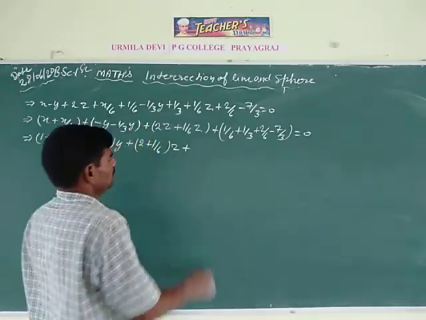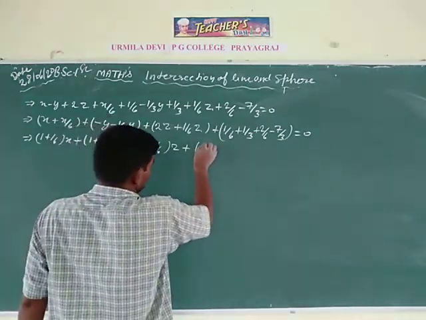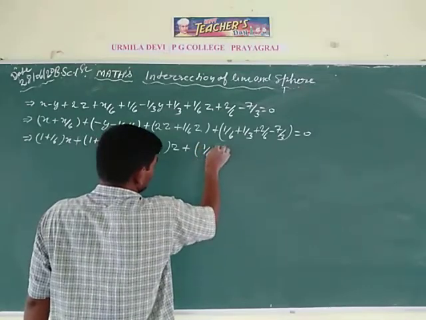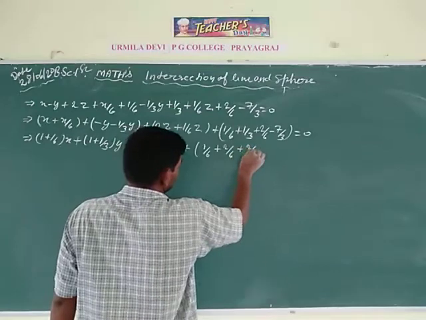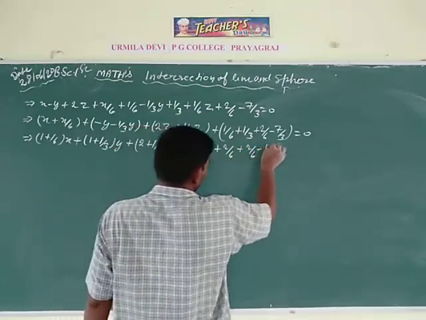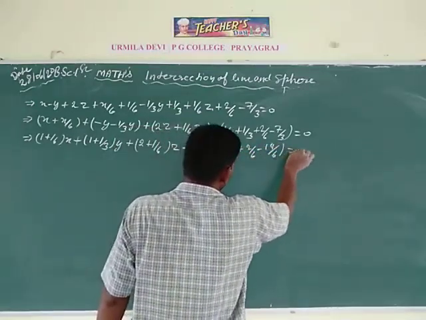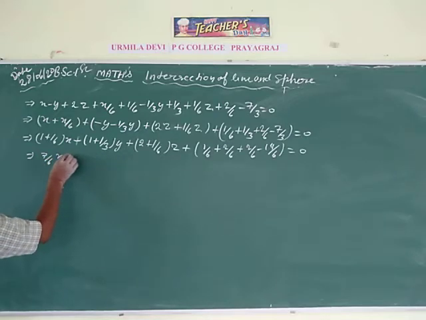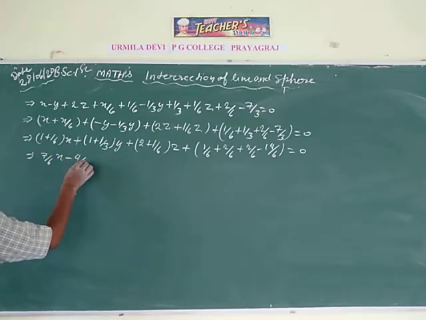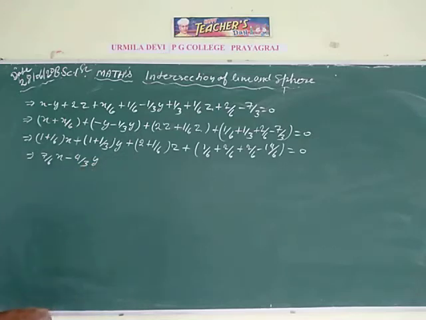Write in the general form: 1 by 6 plus 2 by 6 plus 2 by 6 minus 14 by 6 is equal to 0. 1 plus 6 is 7 by 6, so 7 by 6 x, and 3 and 4 minus 4 by 3 y.